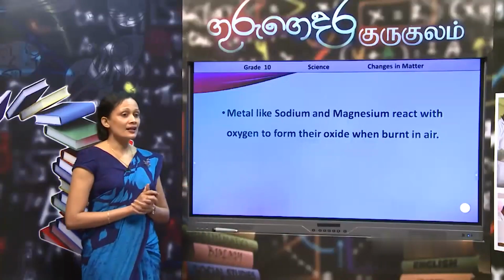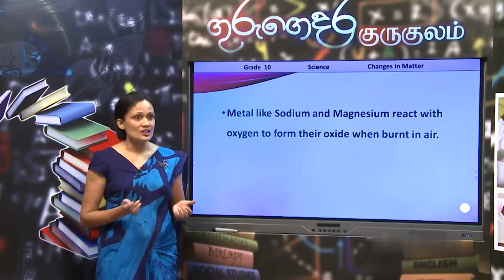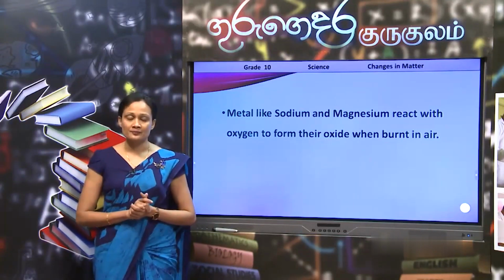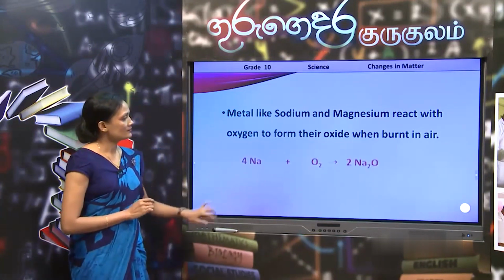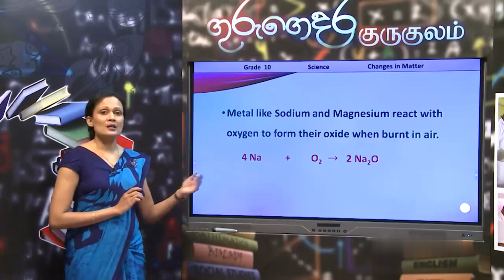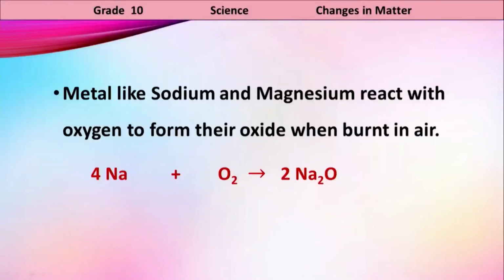It burns with a yellow colour flame. That means sodium reacts with oxygen present in the air and forms its oxide. We can represent it by this chemical equation: sodium reacts with oxygen and forms sodium oxide.